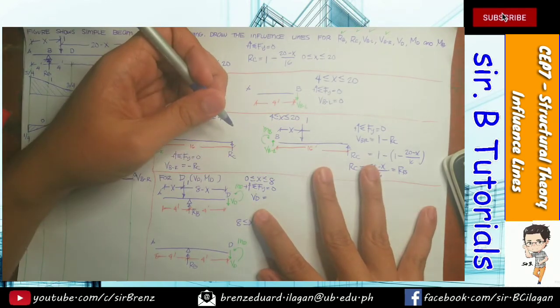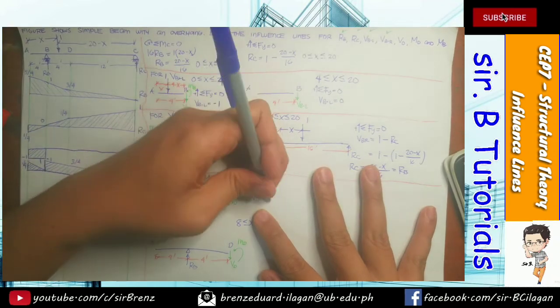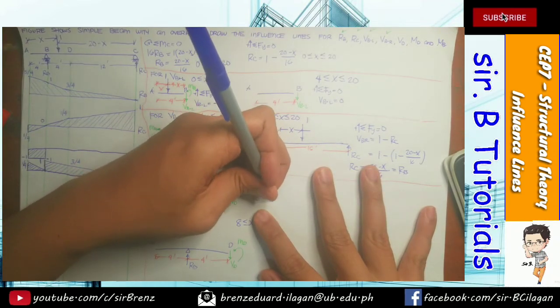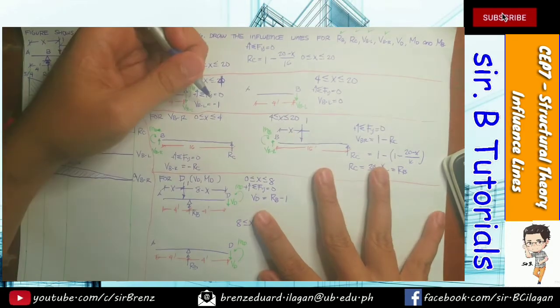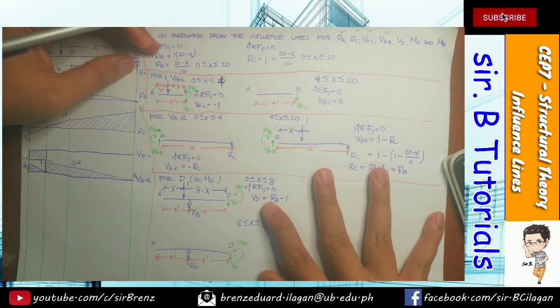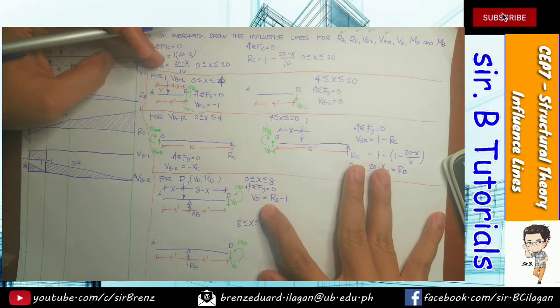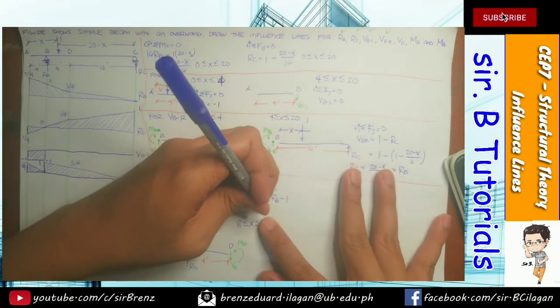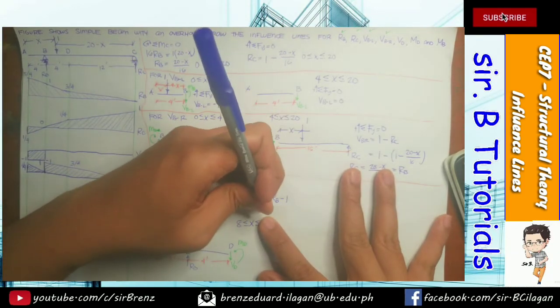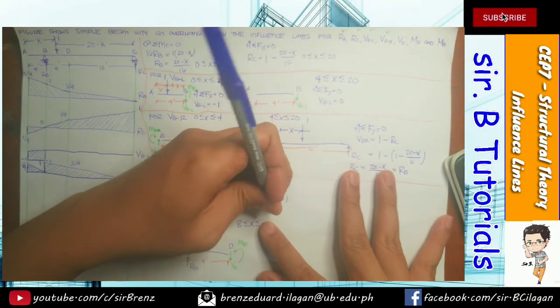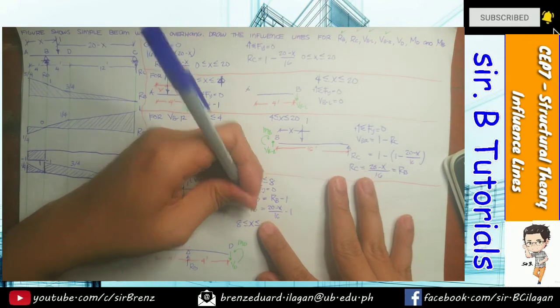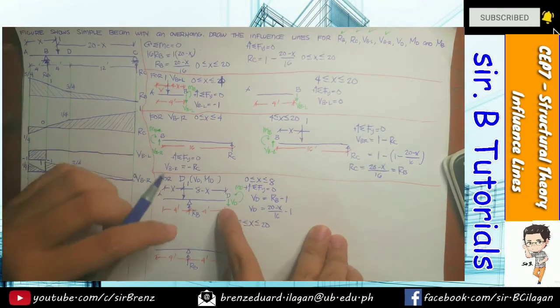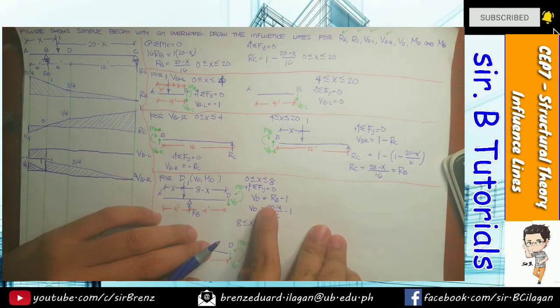Yung shear D mo is equals sa RB minus 1. Okay? From where yung RB is equals lang dito. So, that is 20 minus x over 16 and then minus 1. Okay? So, balikan ko lang ha. Shear D parehong nasa kaliwa.